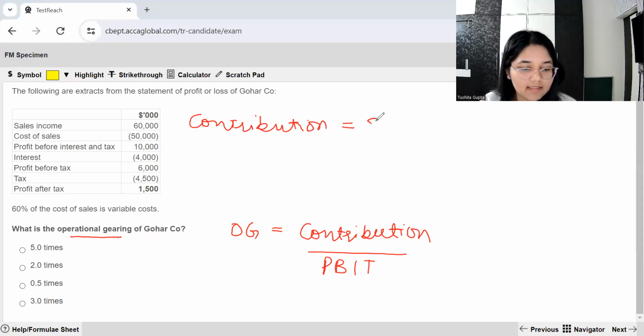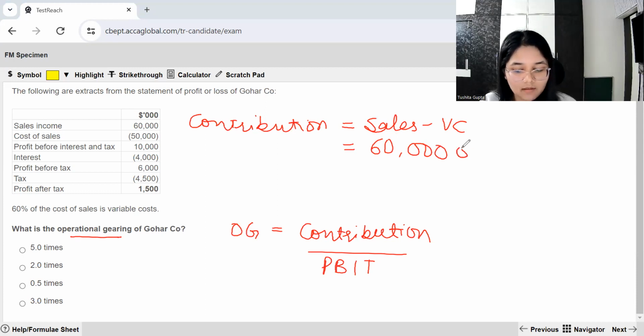is equal to sales minus variable costs. So my sales are 60,000, and my variable cost is, so cost of sales is 50,000. It is given here that 60% of your cost of sales is variable cost.